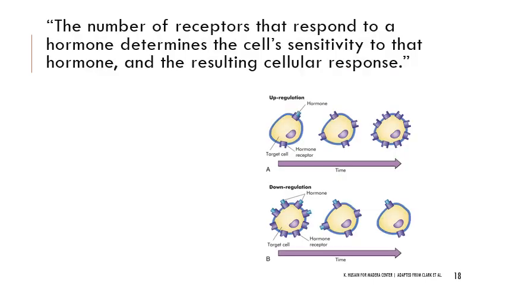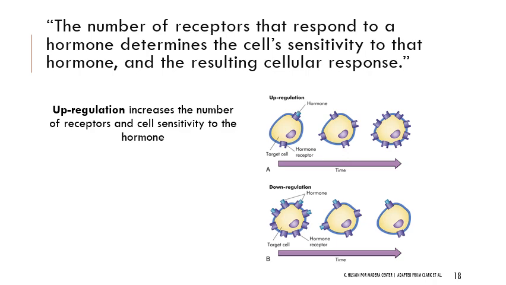So we also talked about how we can kind of change the number of receptors that are found on the cell. That's called upregulation if you're increasing the number of receptors, and downregulation if you are decreasing the number of receptors. So kind of changing the intensity of the effect. And so the number of receptors that are present helps have an effect on how sensitive the cell actually is to that hormone, and then also it has an effect on the cellular response, because if you have more signals being sent in, you're having more effects and more activity within the cell.